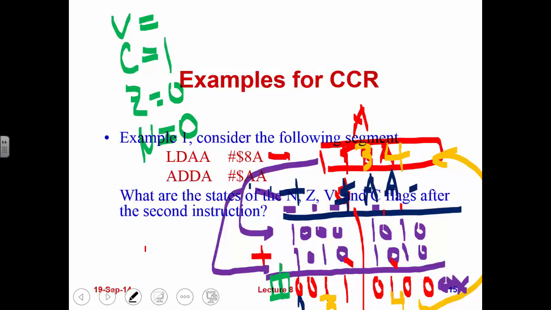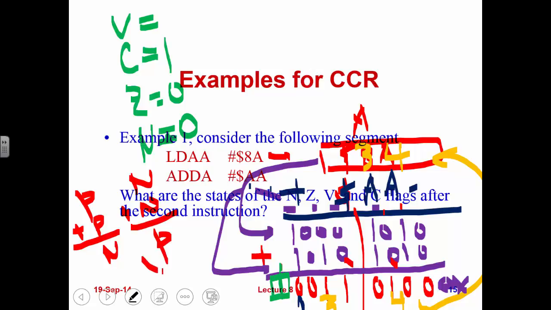Right here. For addition, we add 2 positive numbers, if the result is negative, or when you add 2 negative numbers, if the result is positive, that's going to cause V to be 1. Now let's check it. This is only for addition. For subtraction we have two other cases. We are doing addition right now. Now if we consider the 3, 4, and 8 as signed numbers, check the leftmost bit of these 2 numbers we added here.